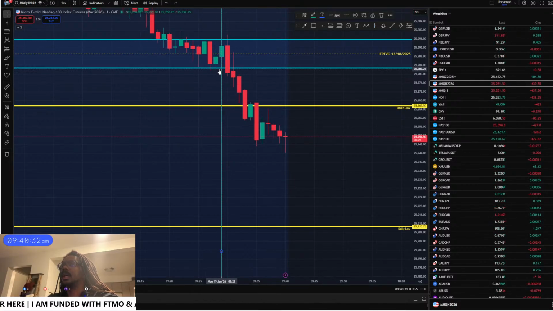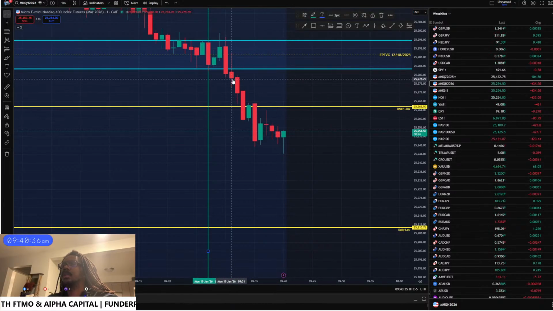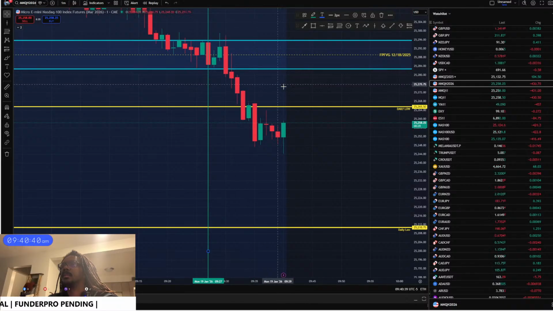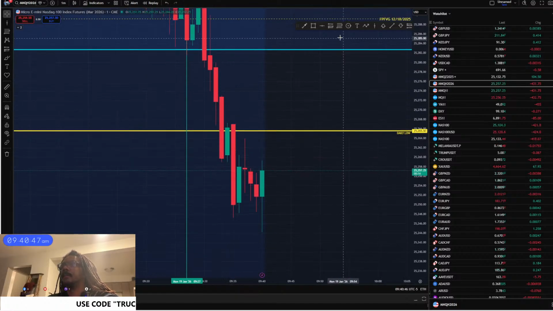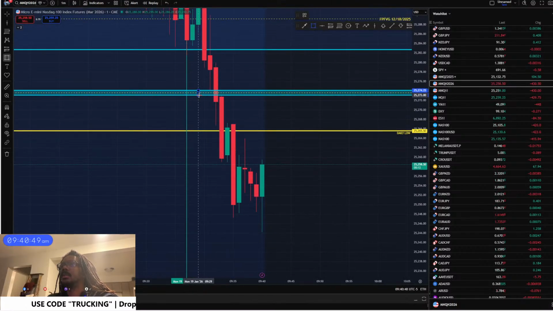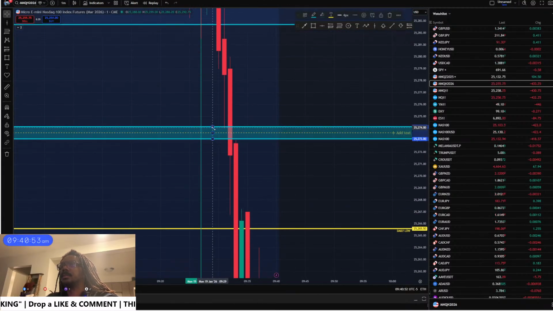All right, this is our 9:30. I'm gonna put a vertical line on the 9:27 candle so I can find our first presented fair value gap, if we have made one yet. I think we have made one right here on the 9:32 candle. All right, that's our first presented fair value gap right there.